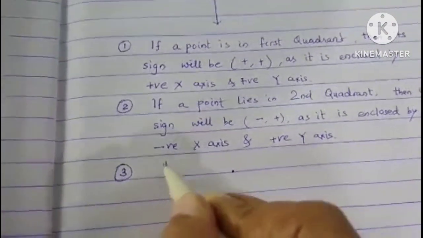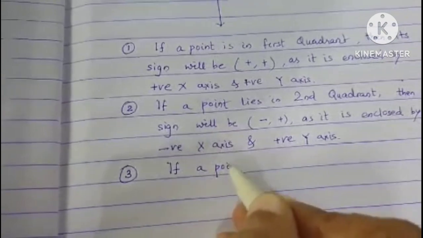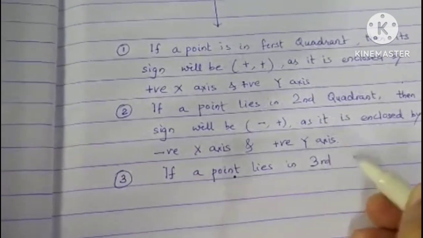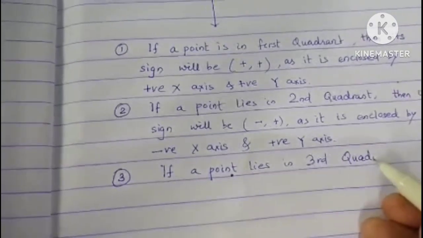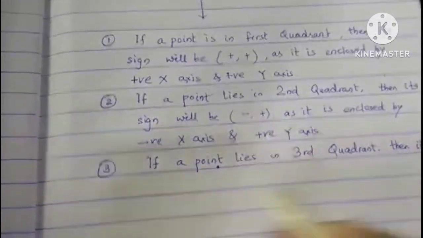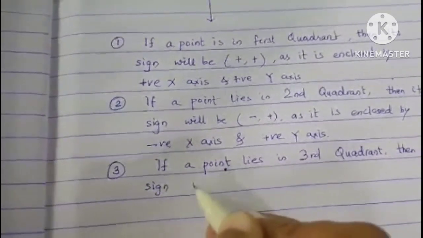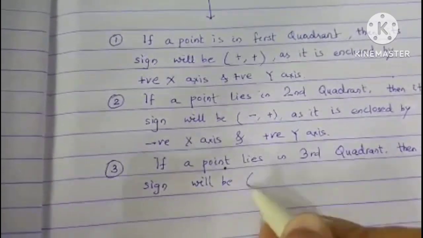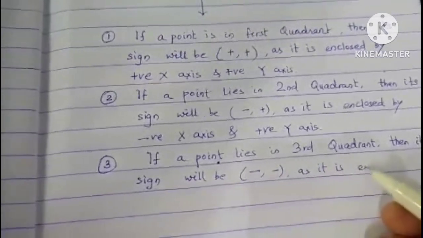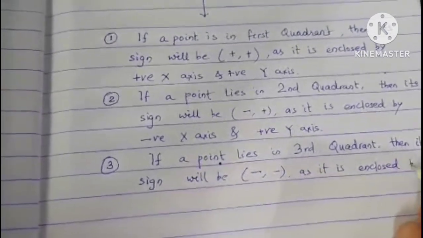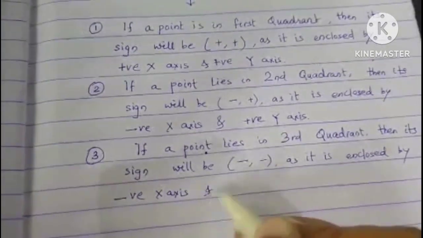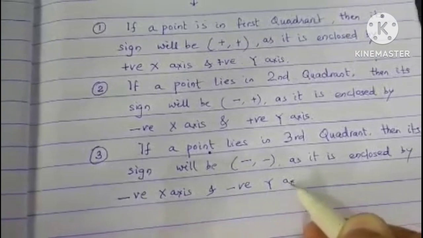Now, if a point lies in the third quadrant, then its sign will be minus and minus, as it is enclosed by the negative x axis and negative y axis.